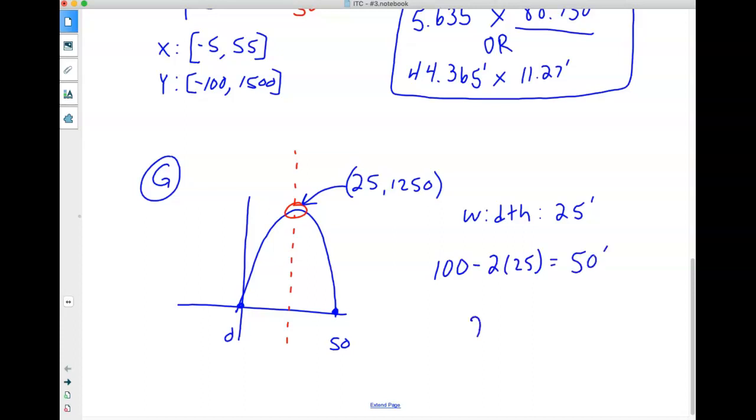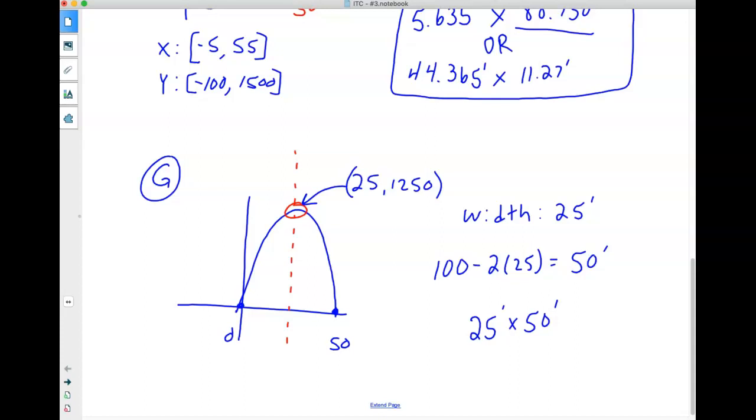So my dimensions are 25 feet by 50 feet. That maximizes the area of the pen. That gives the cows the biggest fun zone to frolic in. Okay, and that is the first problem.